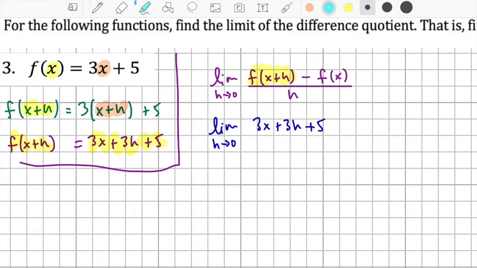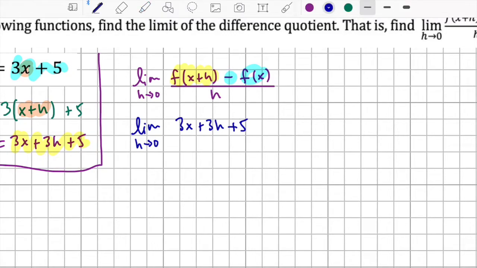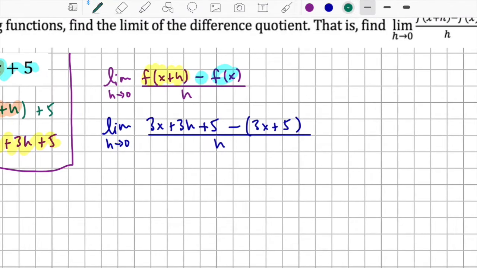Then it says minus f of x. This is f of x right here. So now we'll replace that. It'll be minus. Now, since it's minus, I want you to put parentheses around it. Minus 3x plus 5. All of that divided by h.